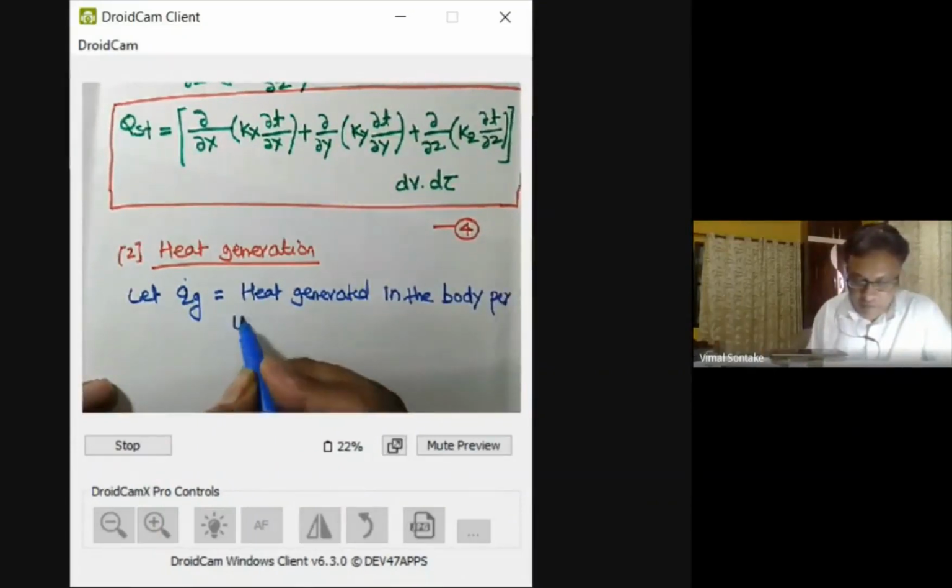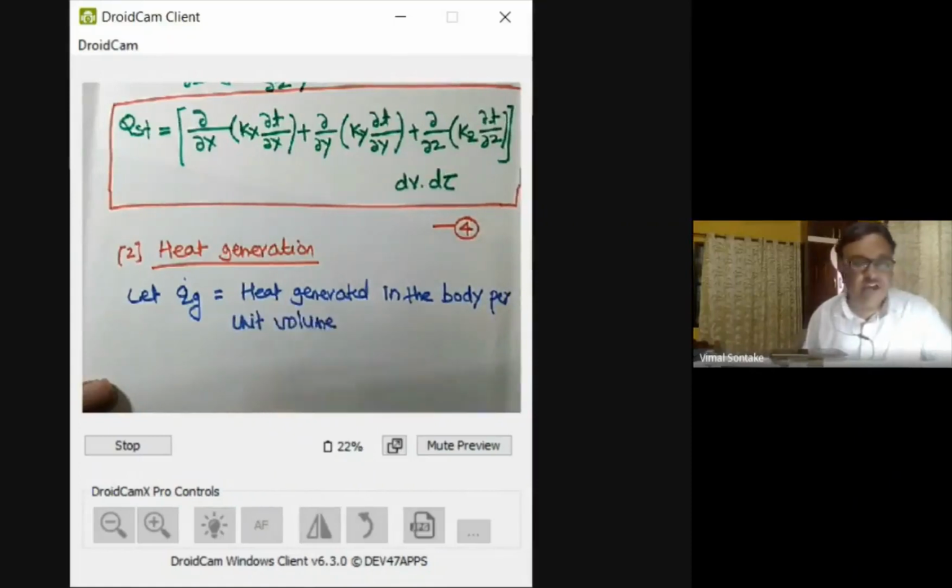It is the rate of heat generated per unit volume, in watt per meter cube.